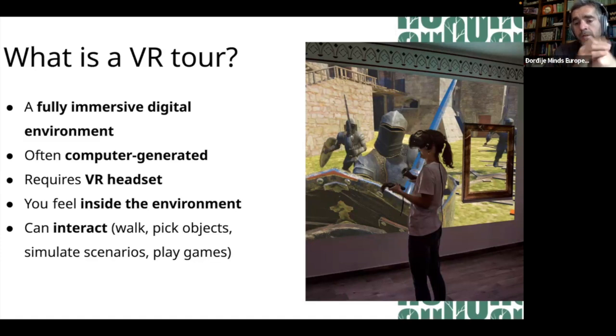You see this girl in this photo is holding these sets so she can fight with these knights. You can play games, you can simulate some scenarios, you can of course interact with surroundings. So this is the main change from 360 to VR: the whole environment was drawn, not taken as a photo, but drawn.